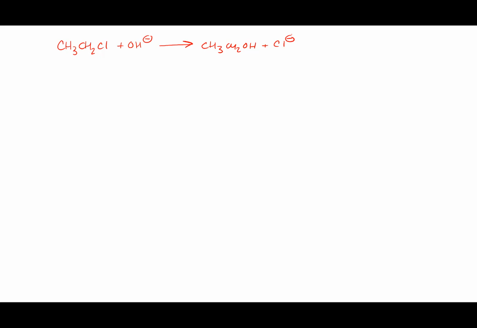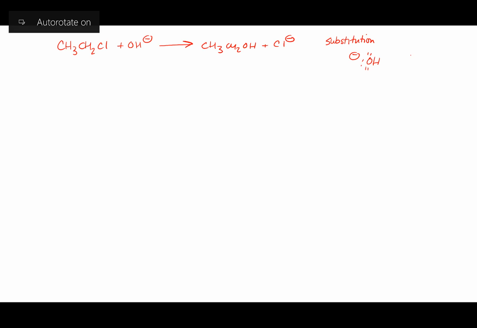Substitution. Do we agree it's a substitution reaction? Yes? So this is substitution. And it has a very specific name. So in organic chemistry, when we have species like the OH that are electron rich and have a negative charge, that's an indication that they are electron rich.